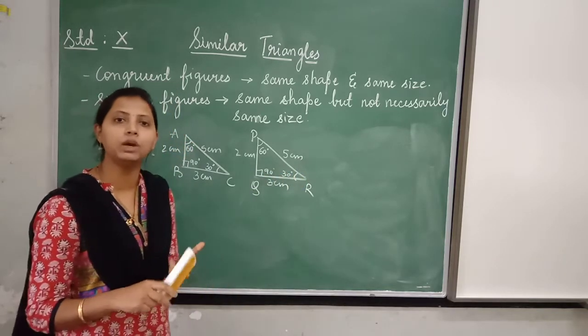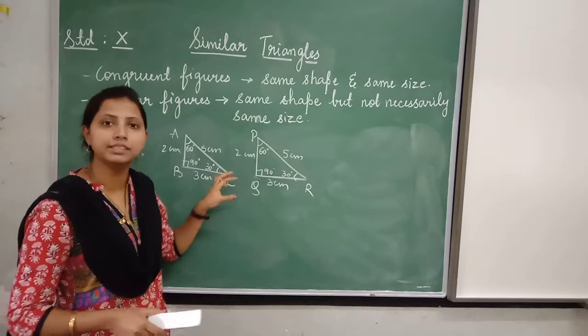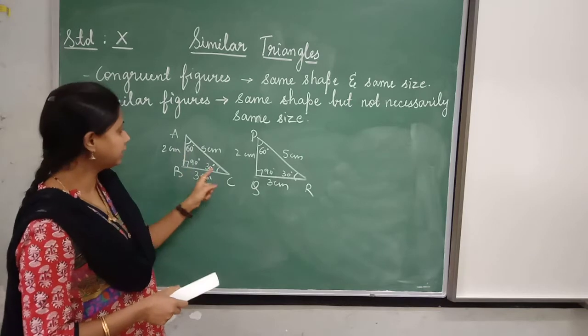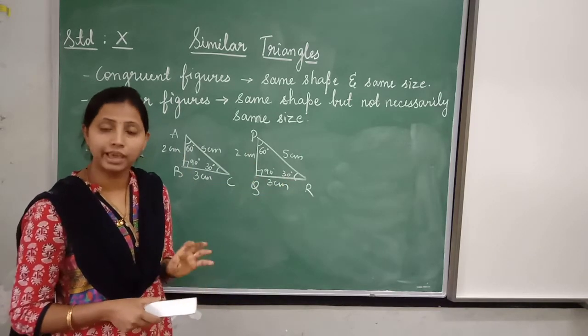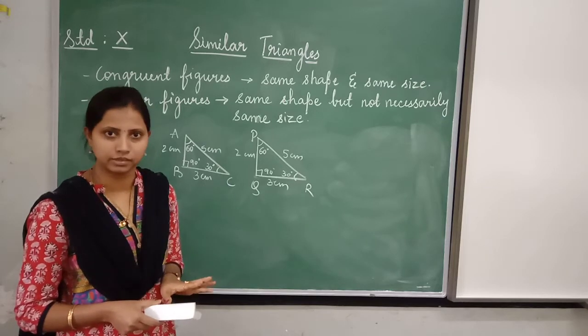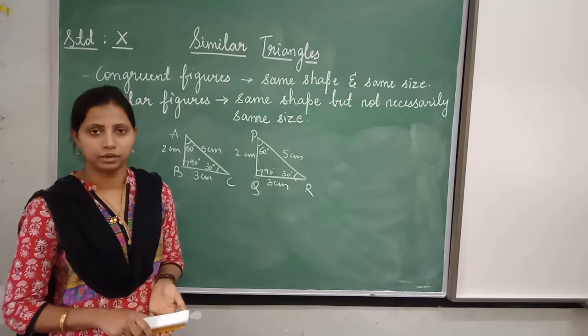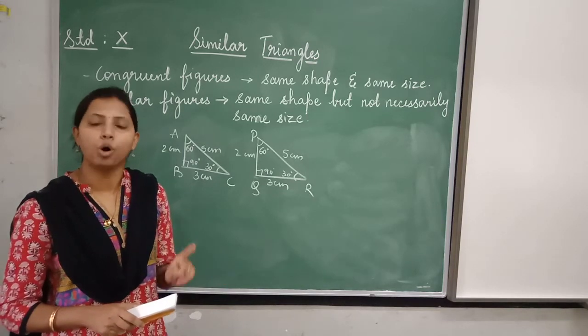All the angles will be equal and all the sides will be equal. If you take the ratio of their sides, they will also be in proportion, and the three corresponding angles are also equal. Therefore, all congruent triangles are always similar to each other, but all similar triangles need not be congruent to each other.